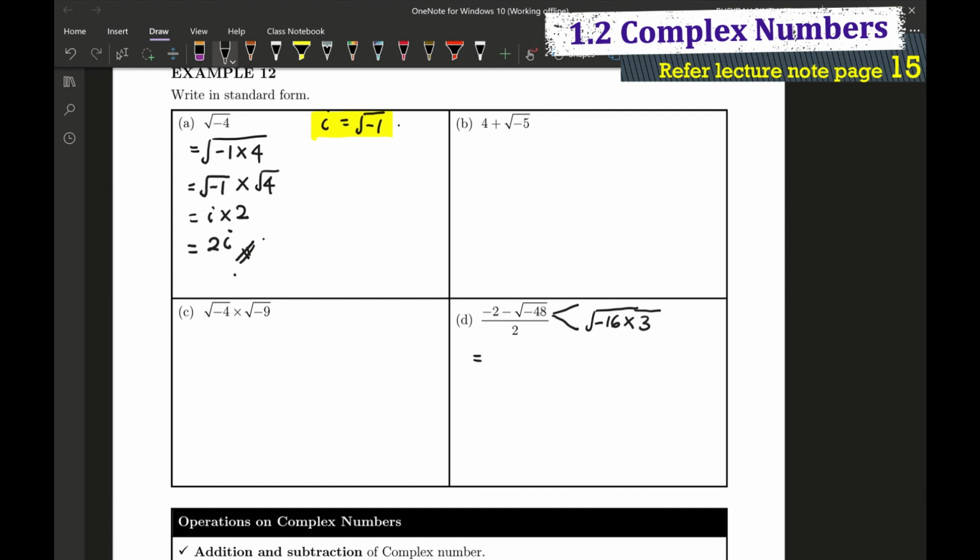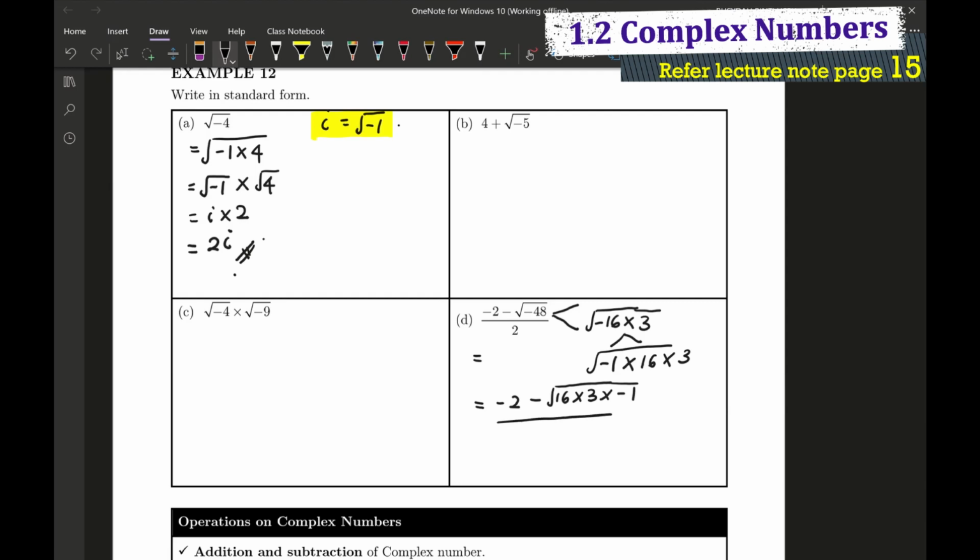Okay, so from here we can break this into square root of negative 1 multiplied by 16 multiplied by 3. Is it? Okay, now we go to our equation. So this one, it will be negative 2 minus, okay, I want to put negative 1 at the back. So this one becomes 16 multiplied by 3 multiplied by negative 1.